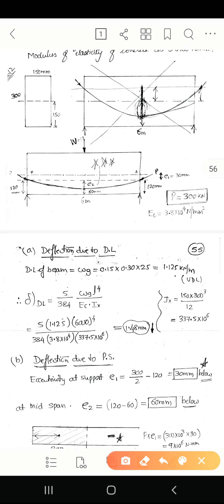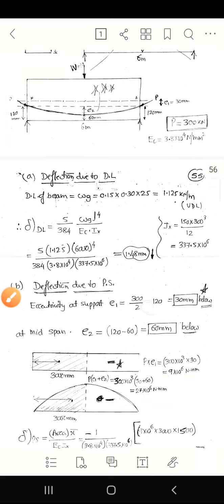So 5 into W, that is 1.125, the dead load we have calculated, into 6,000, the 6 meter span they had given, in millimeters, divided by 384 into EC, the EC value they had given here, and IXX, the calculated value. Okay, if you substitute this, we'll get the deflection as 1.48, that is the downward deflection.